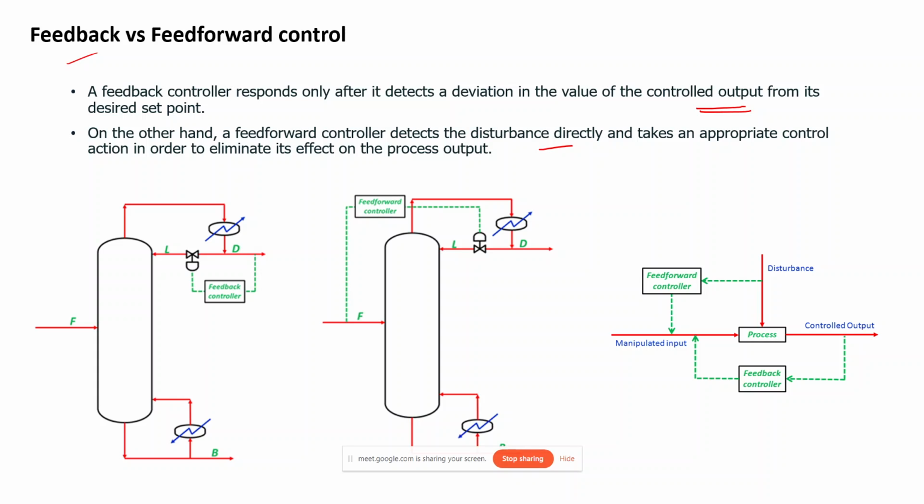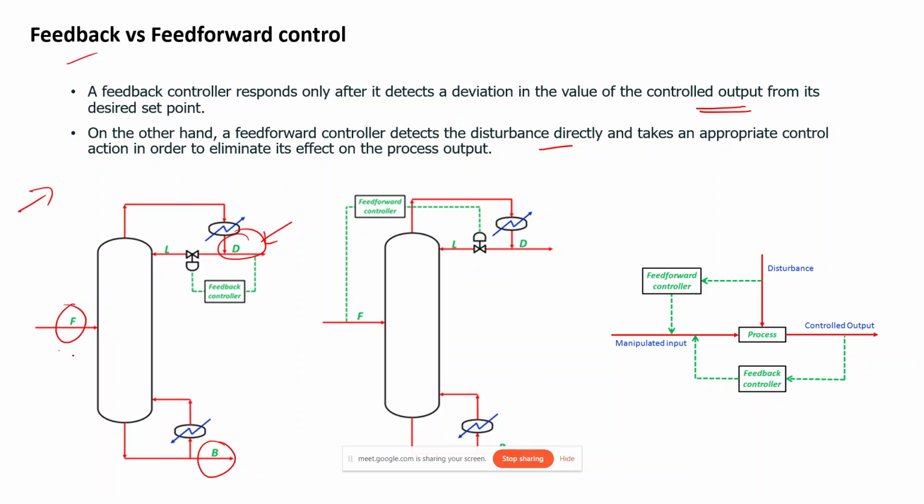Let's consider the case of a simple distillation column. Here we are providing feed, distillate, and bottom, and the goal of this control system would be to control the quality of the distillate. What disturbances can be in the system? The first disturbance would be in the feed.